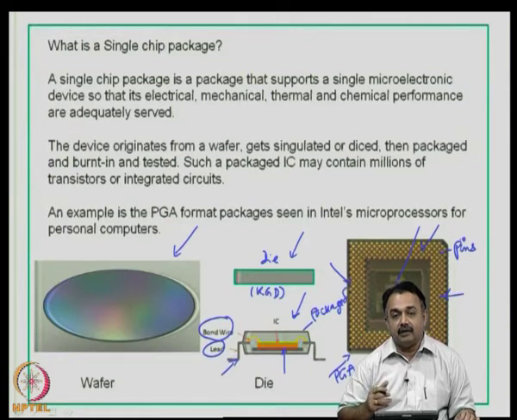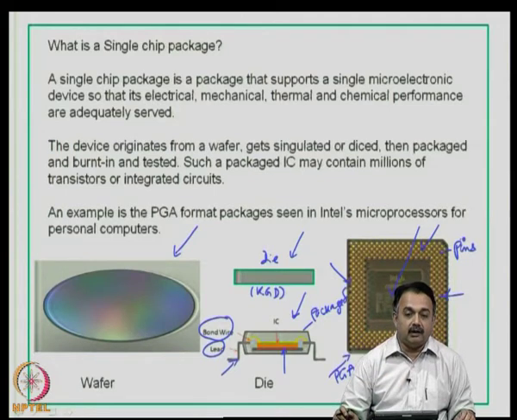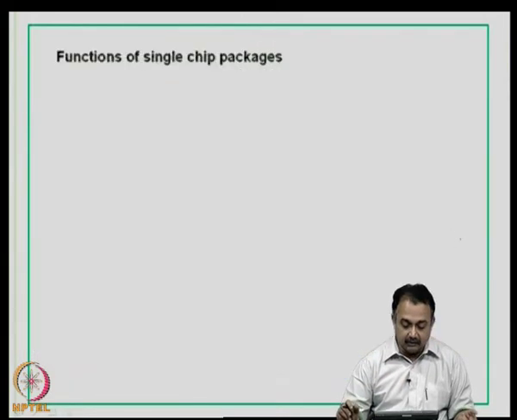So, they have to consider cost, the materials, the number of IOs and the pitch to decide on what kind of package they can finally bring out for that particular design.